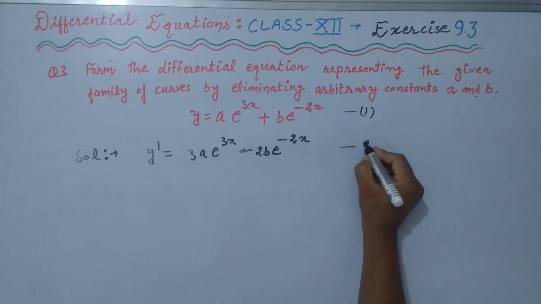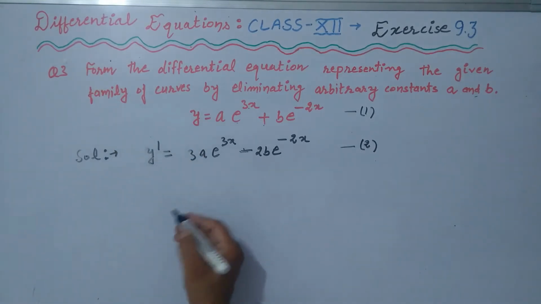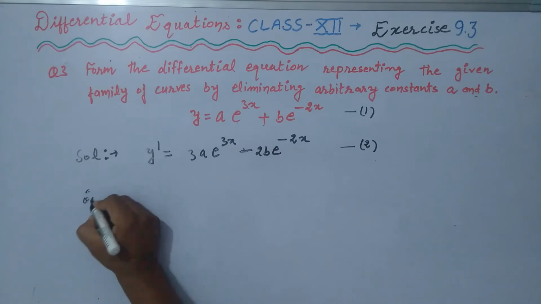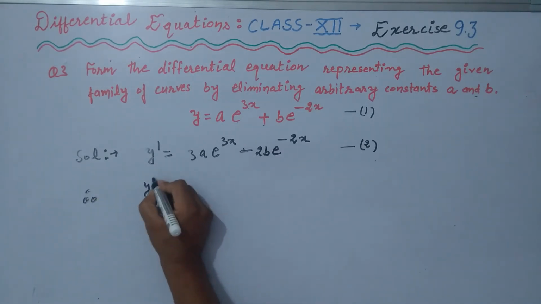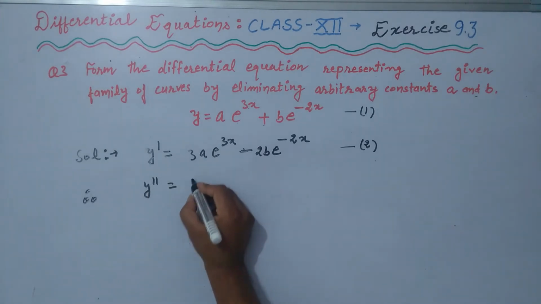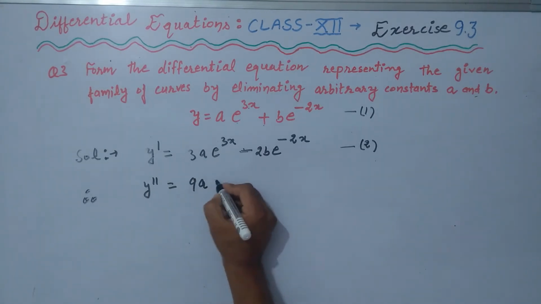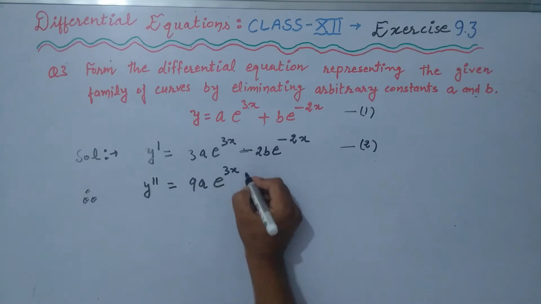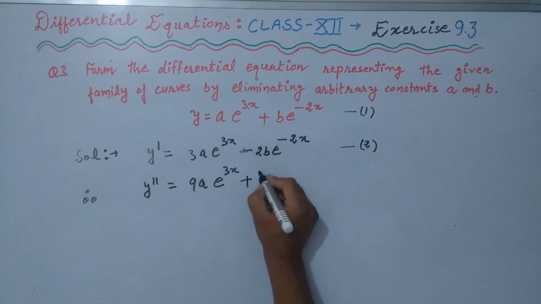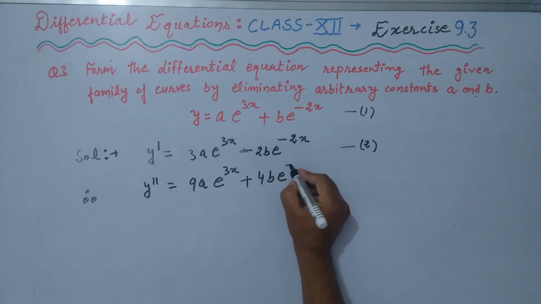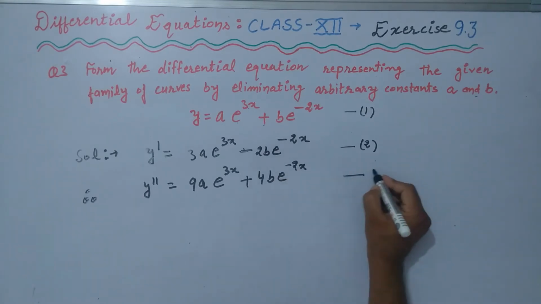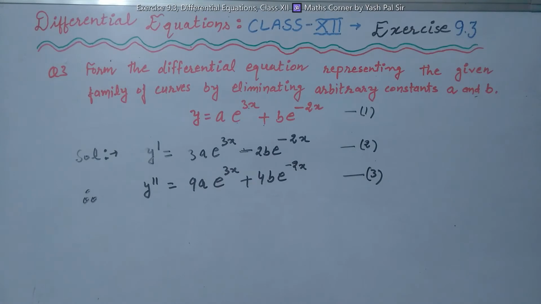Again differentiating with respect to x, this becomes y double dash is equal to 9a e power 3x plus 4b e raised to power minus 2x. Suppose this is equation number 2.